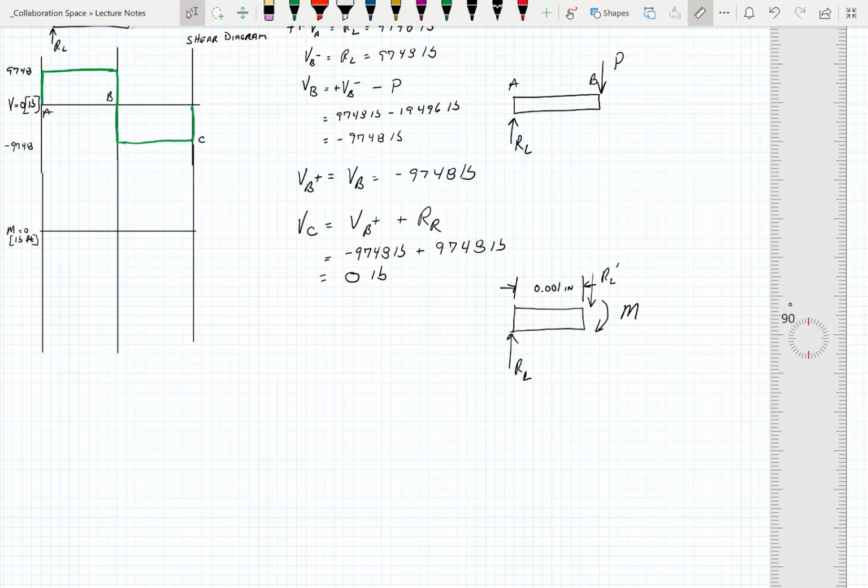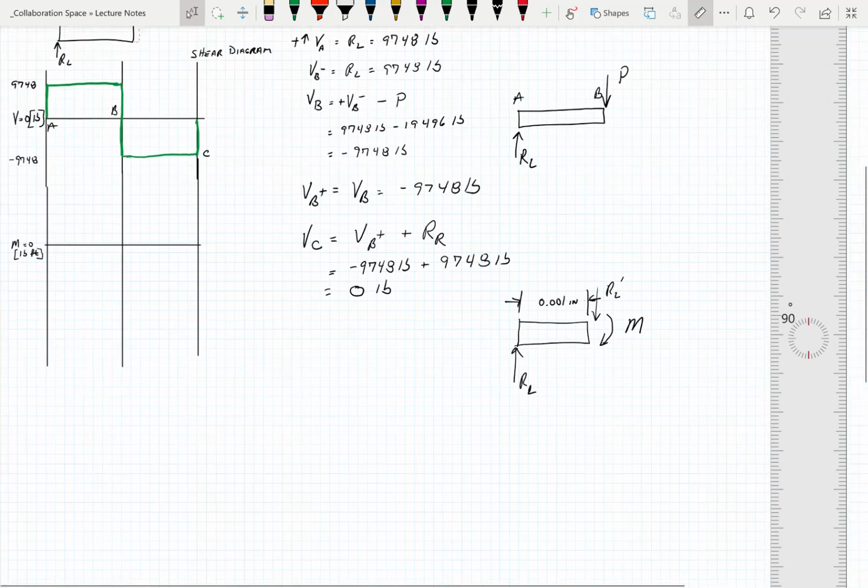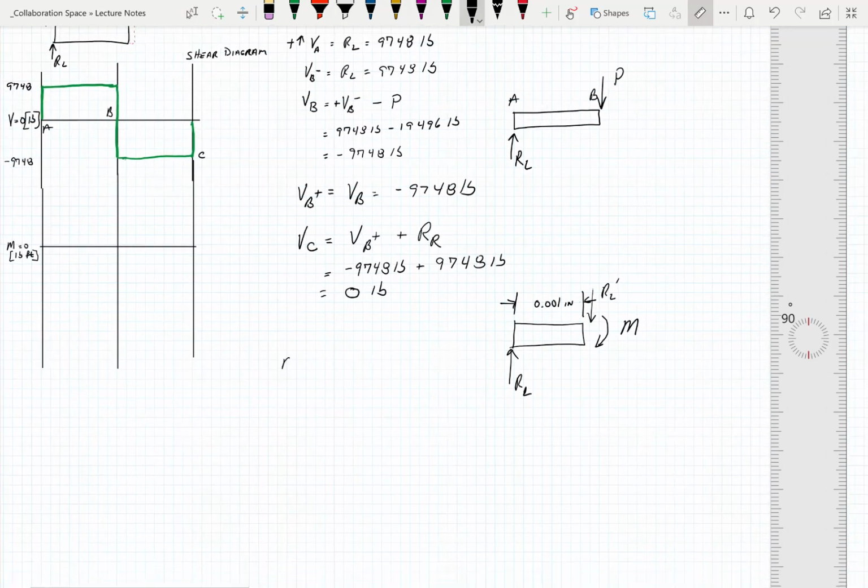So anyways, now we're doing the moments, okay? Literally my moment at L, on the left side here, and I'll use RL, is going to be equal to 0, because if I was to do this out, I've got RL times 0 feet.